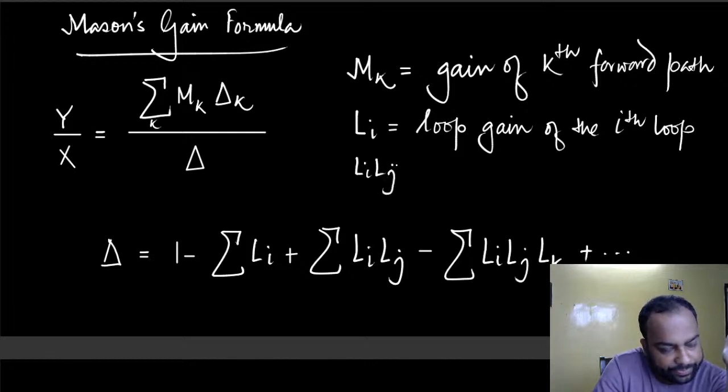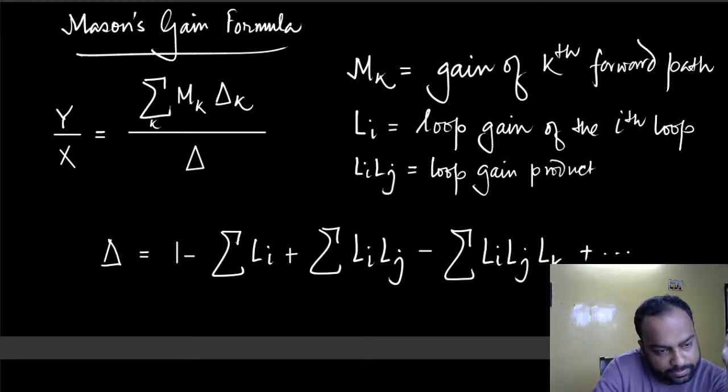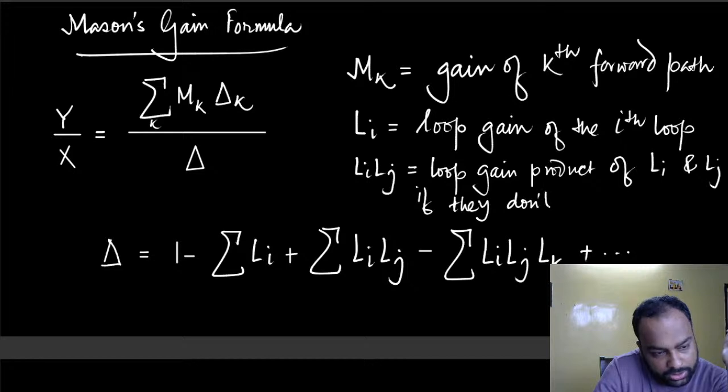li lj is the loop gain product of li and lj if they don't touch each other, and so on.